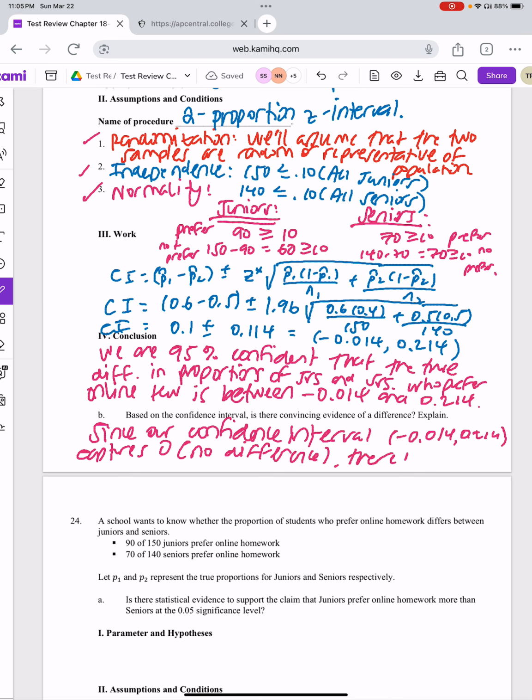There isn't convincing evidence that there is a difference.